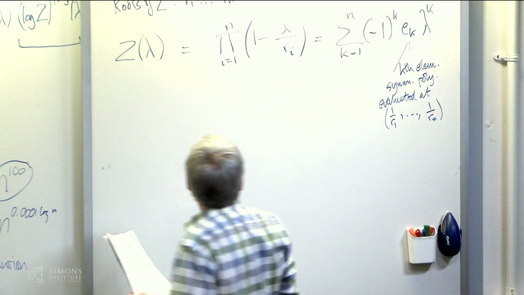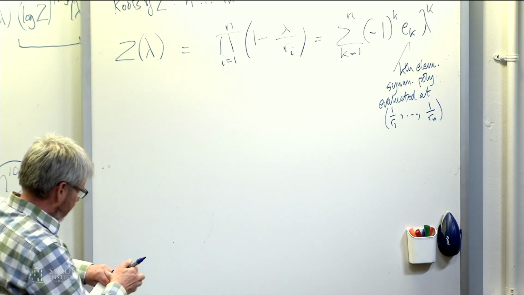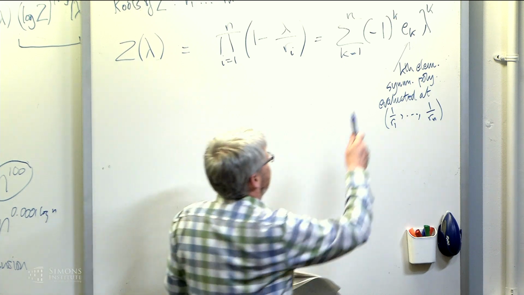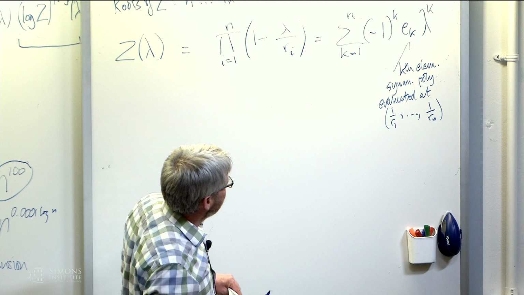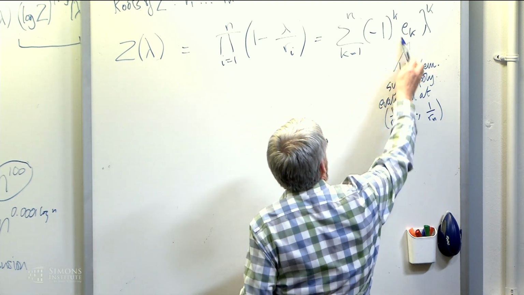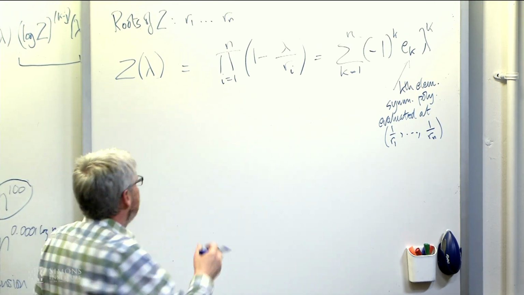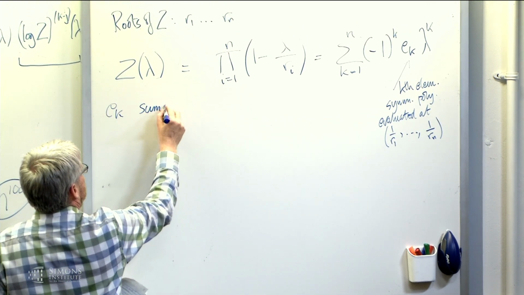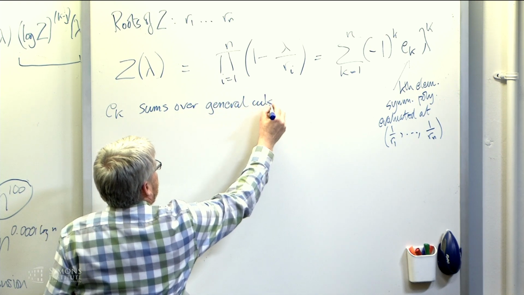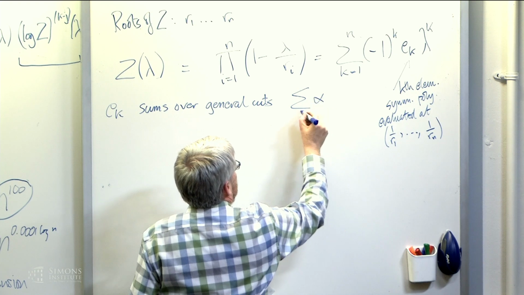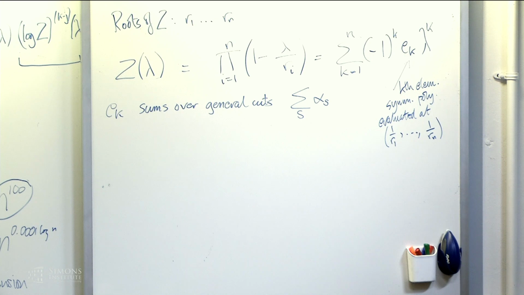So these EKs, after all, are just the original polynomial. These EKs are basically just signed coefficients of the original polynomial. So these EKs themselves are sums over cuts, so you can write them as a sum over cuts of some weight.